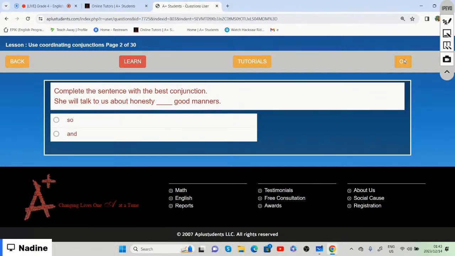She will talk to us about honesty. So good manners, or "and" good manners? So she will talk to us about honesty. Good manners. So good manners, or "and" good manners?